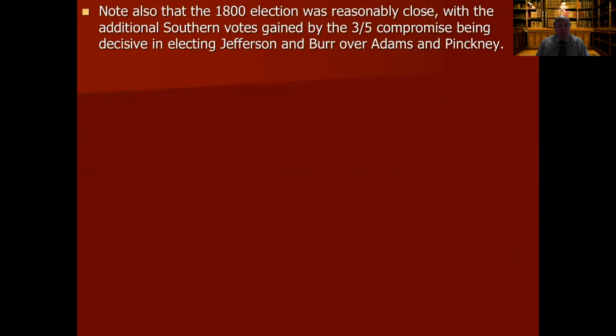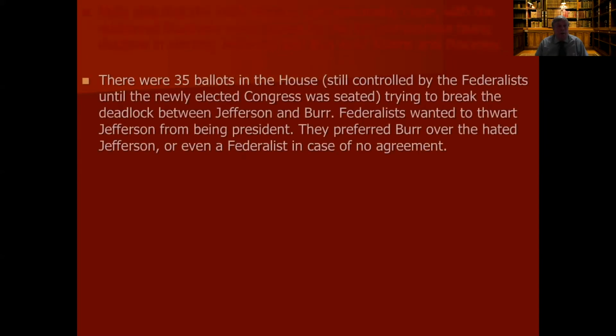Okay, so note also that the 1800 election was fairly close, with the additional Southern votes gained by the 3/5 compromise being decisive in electing Jefferson and Burr over Adams and Pinckney, the Federalist candidates. There were 35 ballots in the House of Representatives, still controlled by the Federalists until the newly elected Congress was seated, trying to break the deadlock between Jefferson and Burr.